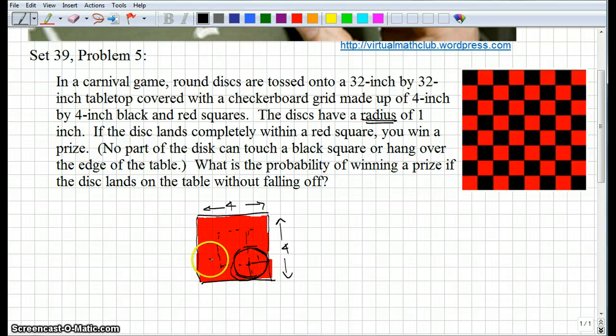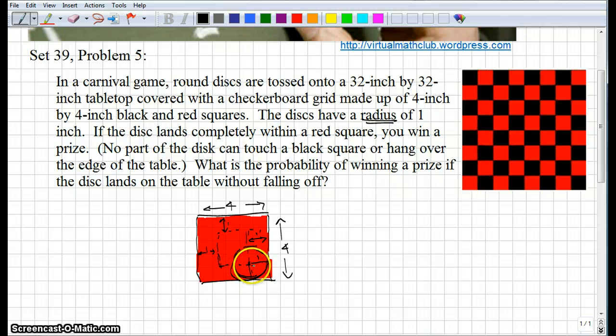As long as the center is at least 1 inch from the edge in any direction, then the whole disc will be within the red square.